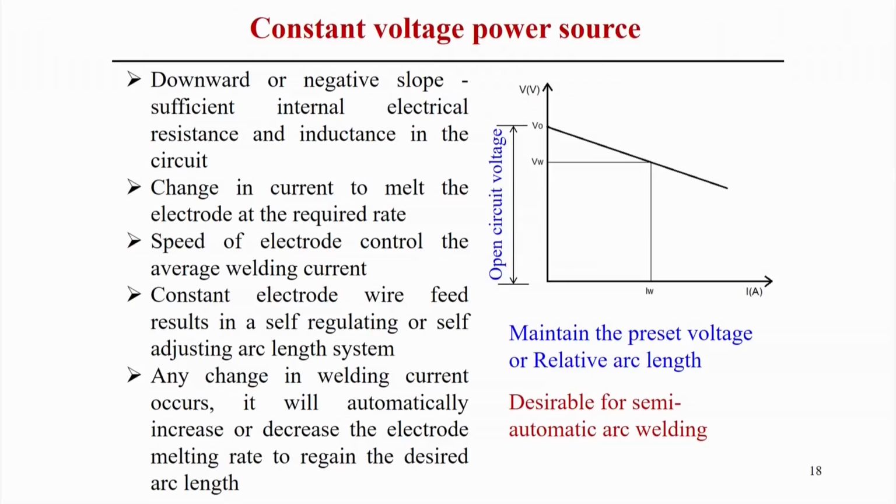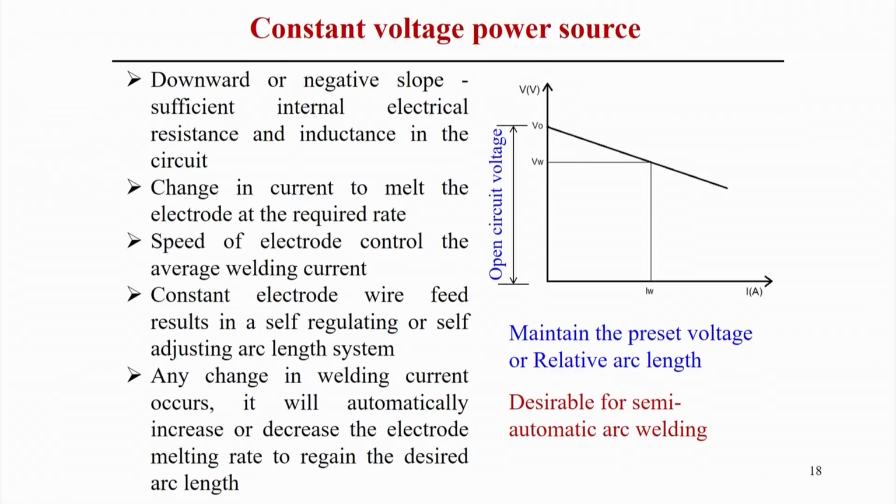In an automatic arc welding process, the probability of variation of voltage or current is relatively small, since it is an automated process as compared to any kind of manual process. So, typically it has a downward negative slope type of characteristic, which defines the relation between the voltage and current.